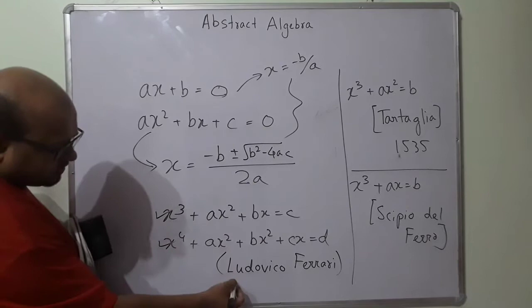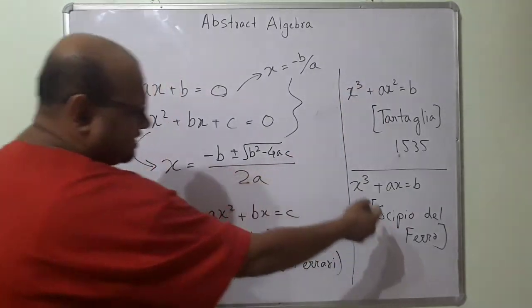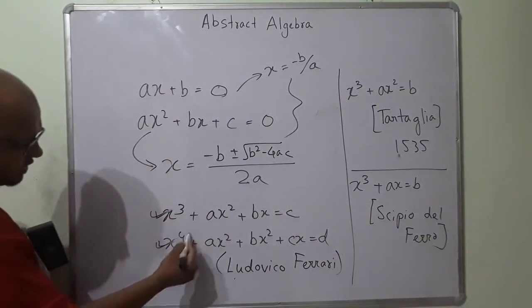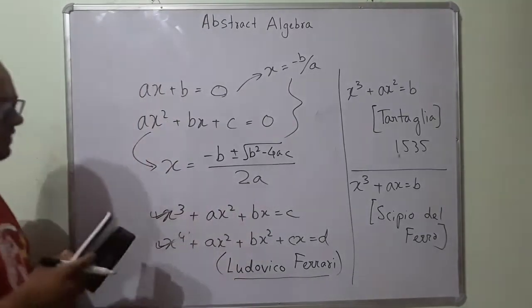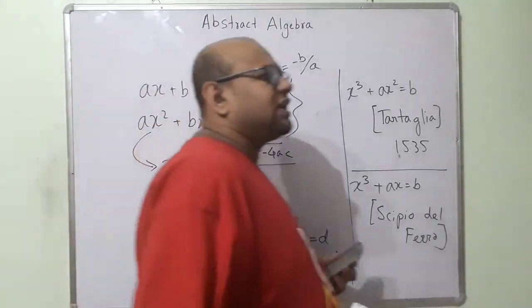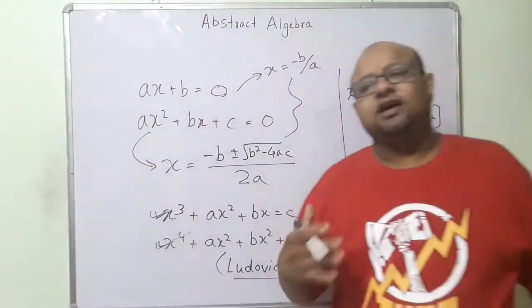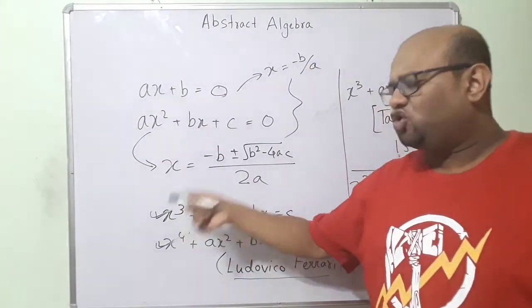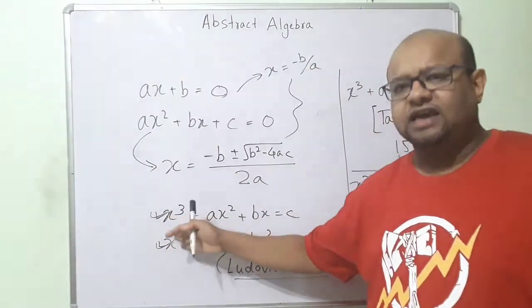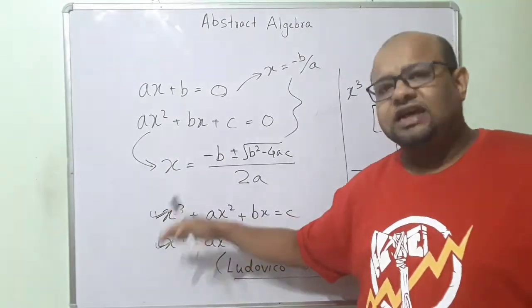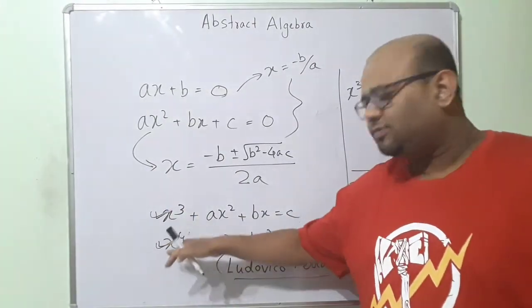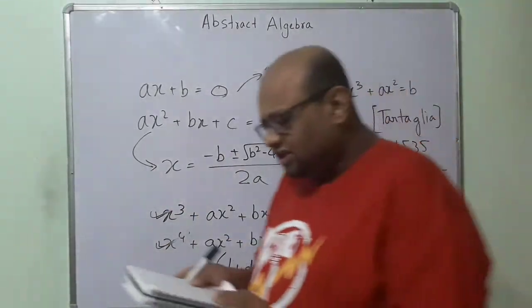This solution was given, this happened before, then this was found by this person. Like this we had the solution to the cubic equation with x raised to the power 3. Then we had the solution to x raised to the power 4. So this is what happened.